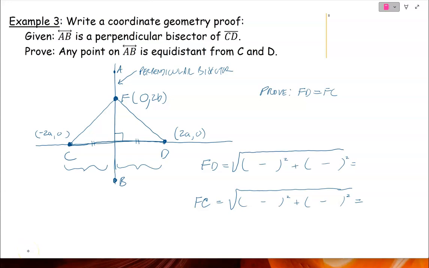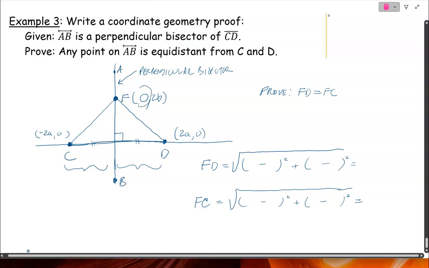Okay, let's see how you did. So we're looking for the difference in the x coordinates for FD. There's an x coordinate of 0. There's an x coordinate of 2a. And then for the y coordinates, 2b minus 0. If you did those in opposite order, it doesn't matter because we're squaring them.